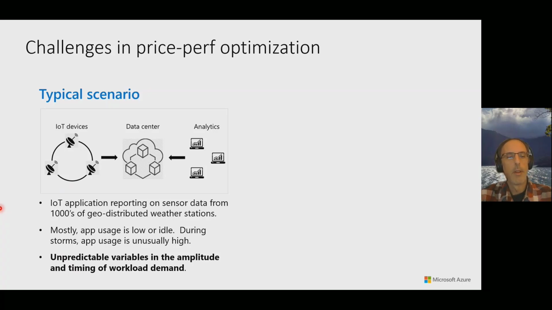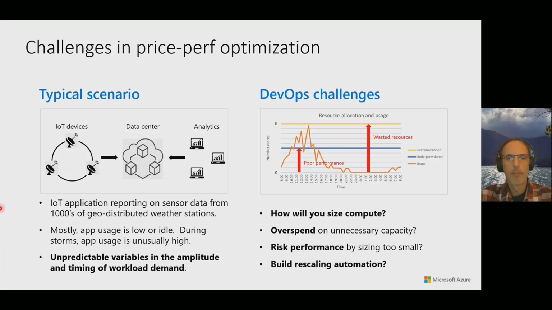So in a sense, there's a correlation between storm activity and database usage. The key point to emphasize in this example is that the workload demand on this database is unpredictable, both in terms of the amplitude and timing. So this presents DevOps challenges for how best to right-size the compute for your workload in order to achieve your price and performance goals.